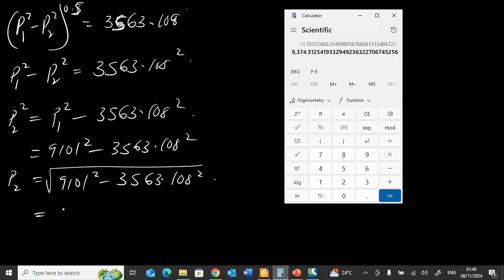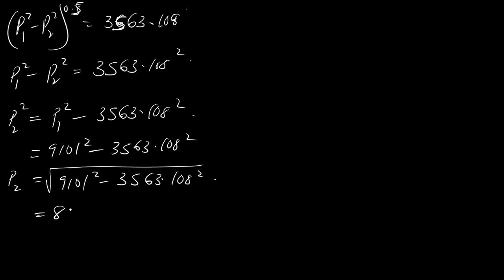You have 8374.51 kilopascal G. Now we have gotten this. So now let's get it in gauge pressure.